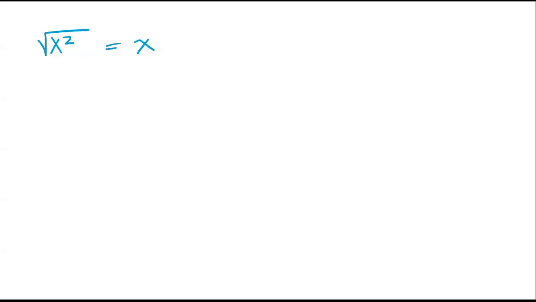So, okay, the question is again, if we have x squared and we take the square root of it, why does it just equal x? Well, remember the square root of x, another way we can rewrite that is x to the 1/2 power.